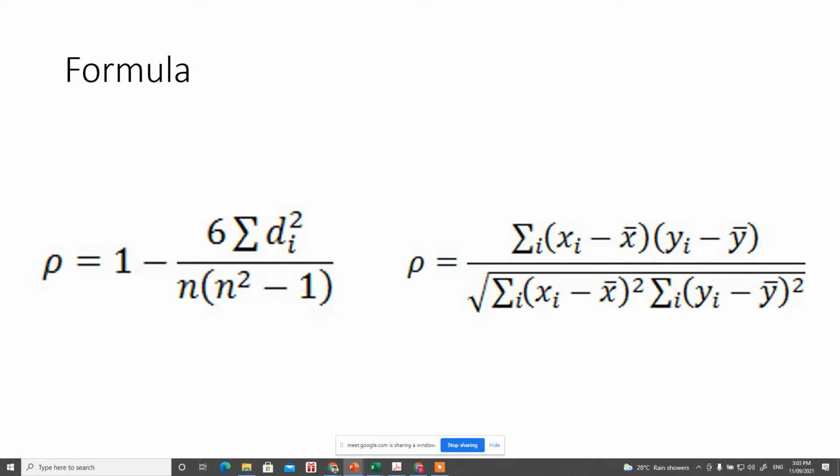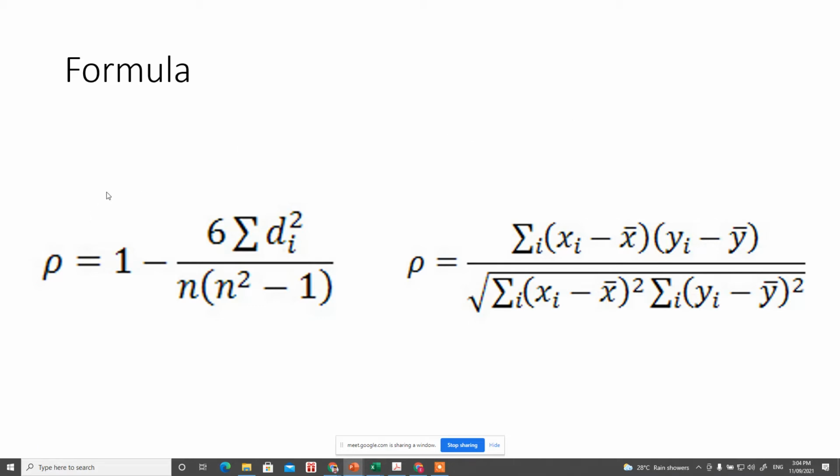Okay, so this would be the formula for the Spearman rho. There are two methods to calculate the Spearman's correlation, depending on whether the data has tied ranks or no tied ranks.